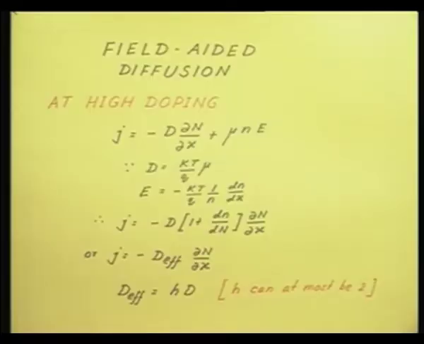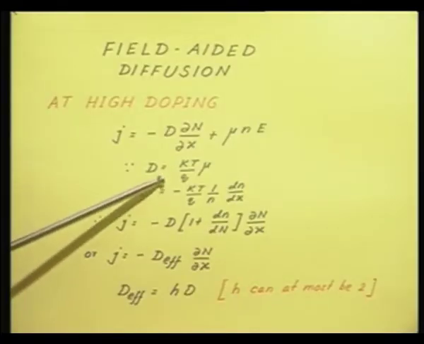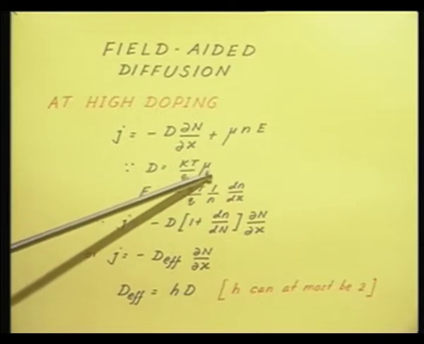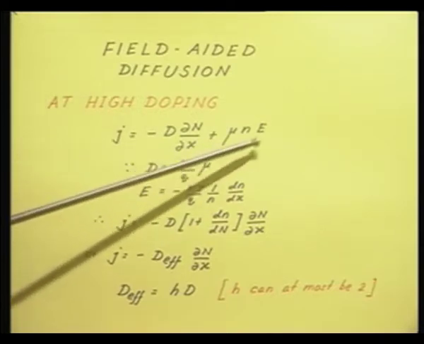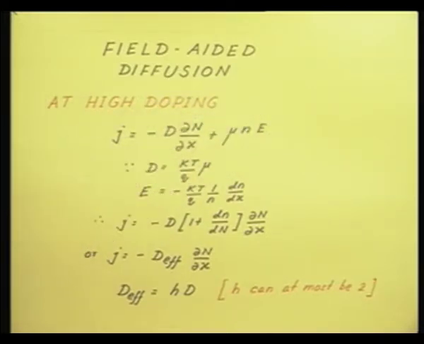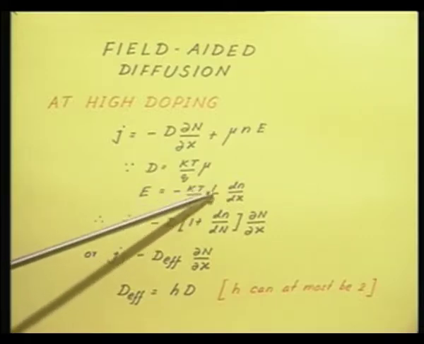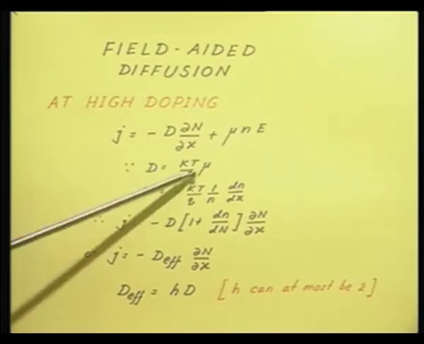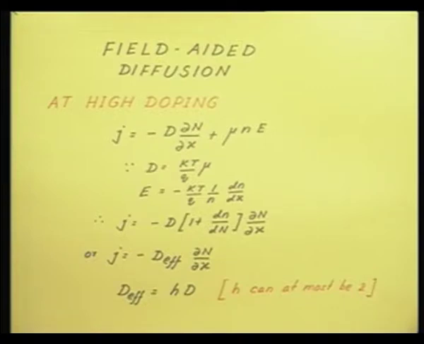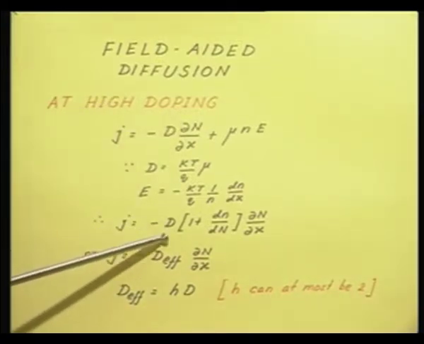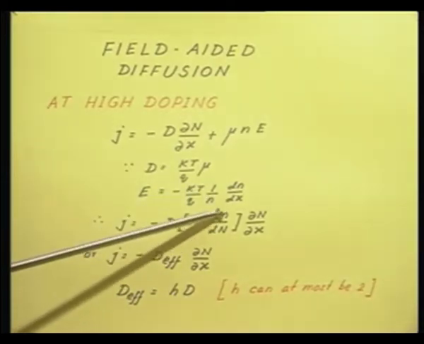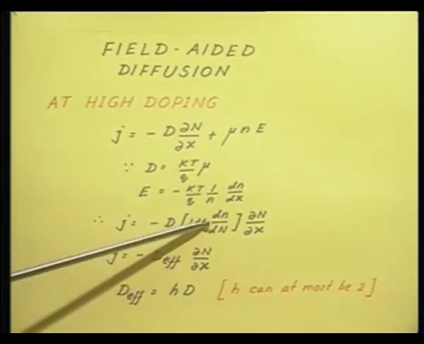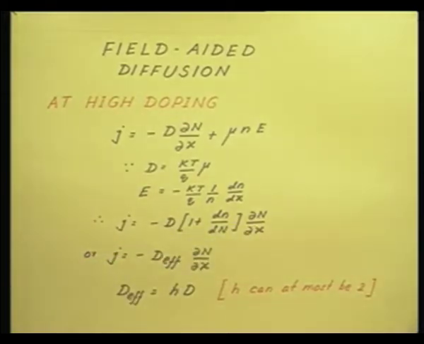Now, you all know Einstein's relationship, that is D is proportional to mobility, and this electric field can be expressed in terms of the electron concentration and the electron concentration gradient. So, eventually if I plug all these values into the first equation, I get J is given by minus D (1 plus small n by capital N) del n del x.